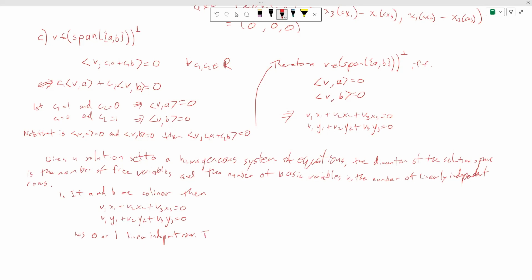This means that there are 0 or 1 basic variables.